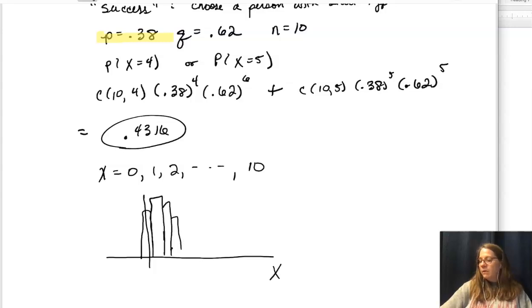And then as my value of X increases, I expect the bars to get shorter because I don't think this is going to happen quite as often as the smaller values of X did. So this is the general shape that your histogram would have because, once again, that probability of success is closer to 0 than it is to 1. Therefore, we expect more failures.